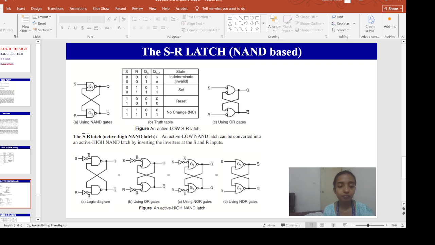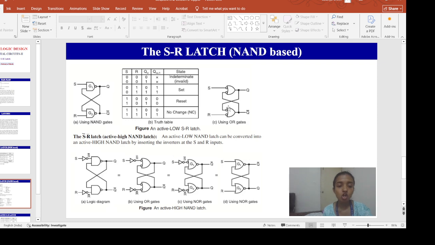So an active low SR latch using OR gates may also be represented, that you can see over here. The operation of this latch is the reverse of the operation of the NOR gate latch that we discussed in the last slide.